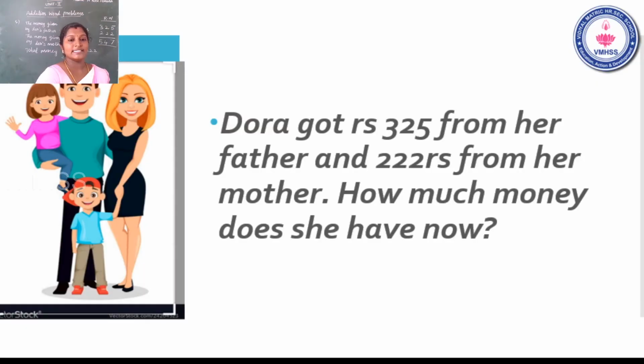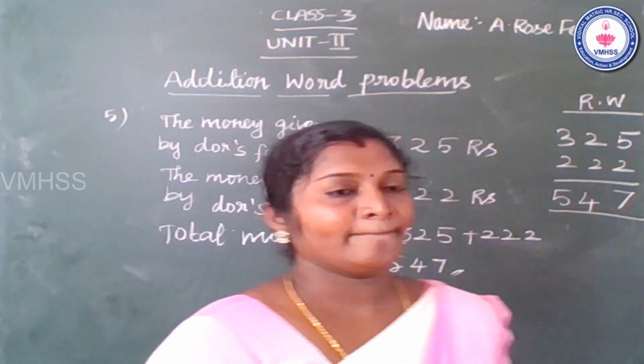Students, please see the slide. Dora got rupees 325 from her father and 222 rupees from her mother. So what is the question? How much money does she have now? Please see the board.